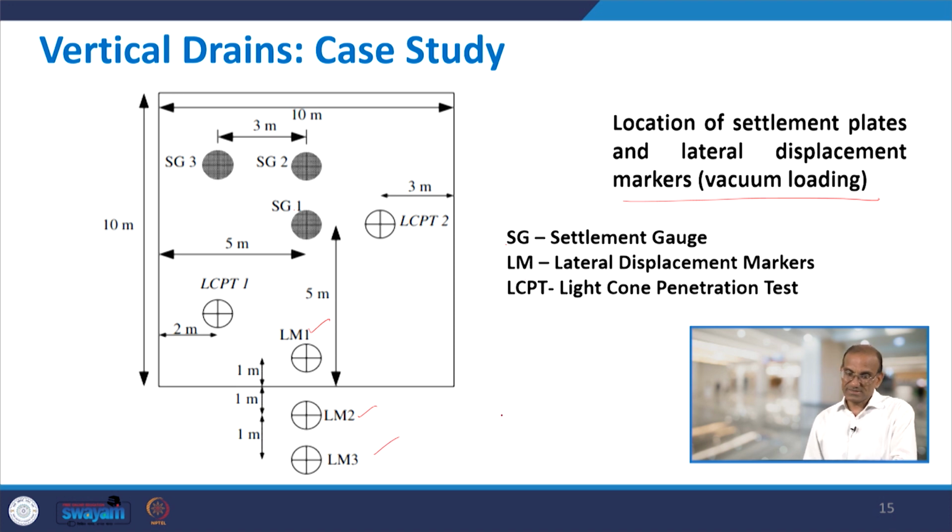So in this case you have 3 settlement gauges and 3 lateral displacement markers. Beside that you have LCPT, light cone penetration test, 2 of them, first is here, second is here. So these are the instrumentation done for the vacuum loading case.